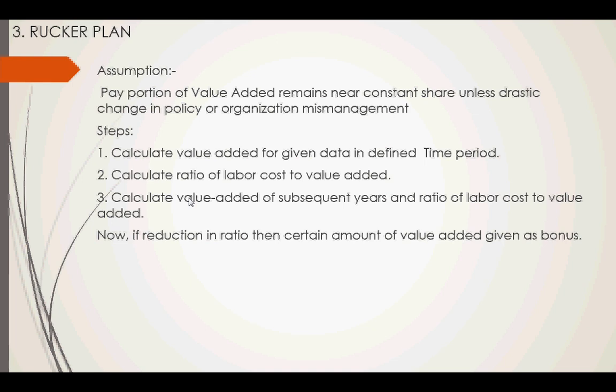So it is quite simple: calculating the value addition, and in the process of value addition, what were the expenses that the group has incurred. If the group succeeded in reducing the cost and giving the value addition, a higher percentage is calculated and given in the form of bonus.